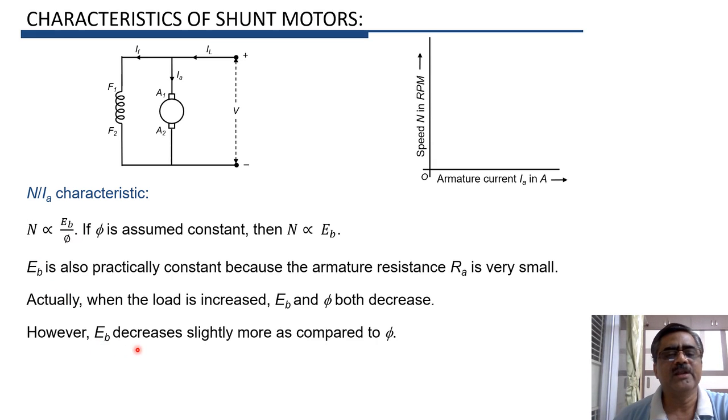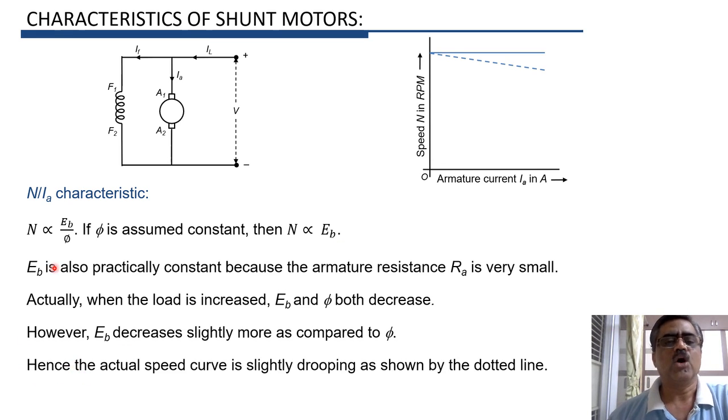However, EB decreases slightly more as compared to phi. So when the motor is loaded, EB slightly decreases and N is proportional to EB, and therefore the speed curve of DC shunt motor is slightly drooping as shown by this dotted line.